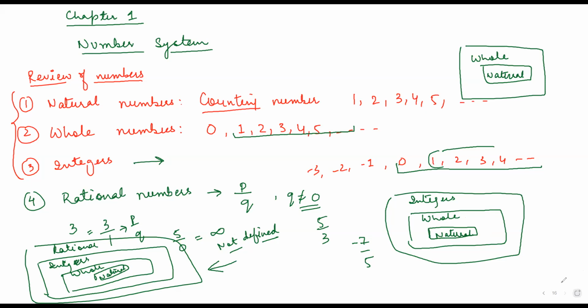Done? Okay. Now comes another kind of number called irrational numbers. What are irrational numbers? Obviously, the opposite of rational. The numbers which are not rational are irrational. But how do we define them? These are numbers where I have an under root, let's say under root 2, under root 3, under root 5.